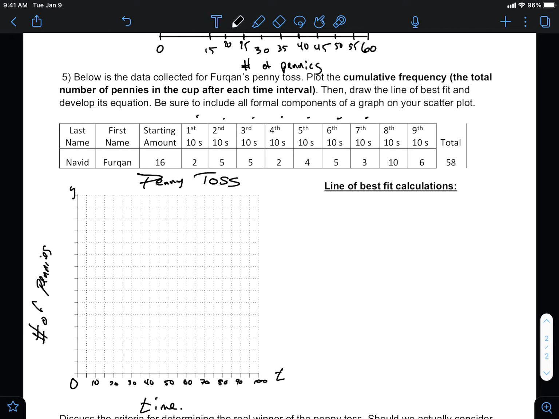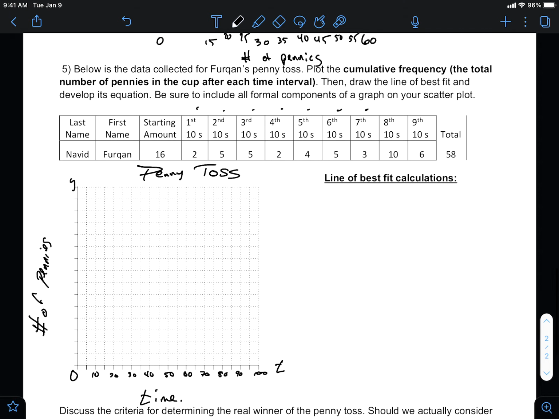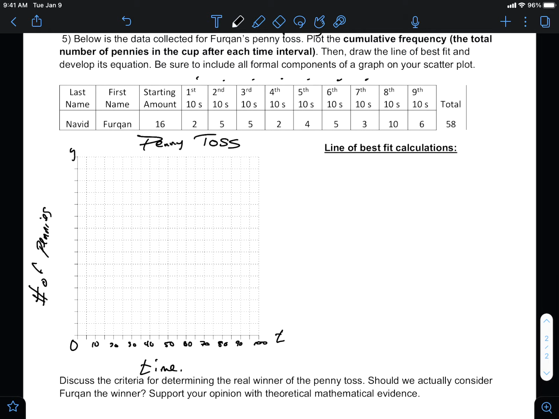The title of some sort. Along the vertical axis, we went up to a total of 58. I counted by fives: 10, 20, 30, 40, 50, 60, 70. Every box is 5.